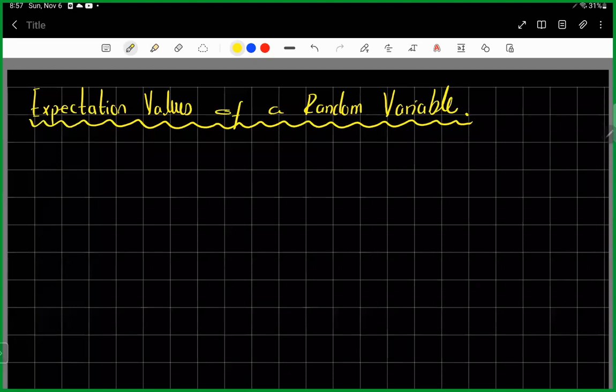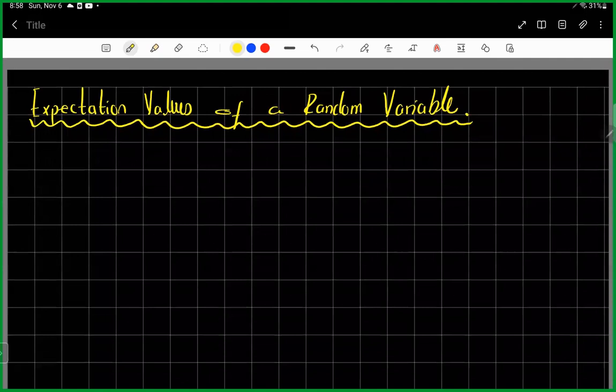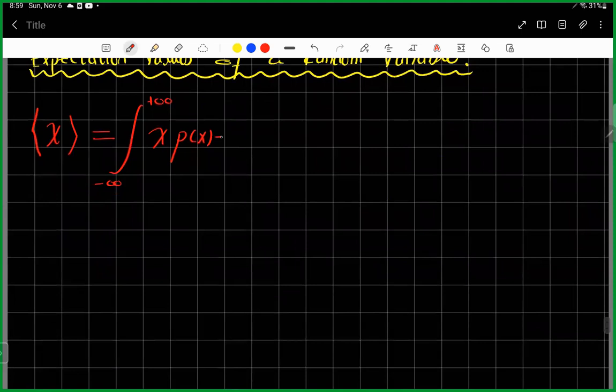So the expectation value of a random variable x can be evaluated as the integral from minus infinity to infinity of x times the probability distribution or density function, typically we call it distribution, dx.